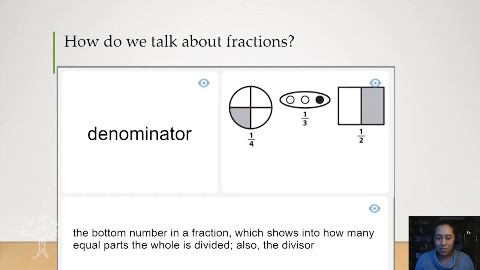So these are some of our pictures from before, and you can see the circle is divided into 4 equal parts, so the bottom number says that this whole is divided into fourths. This set of 3 circles has 3 in the whole set, so the fraction says that we divide this into thirds.